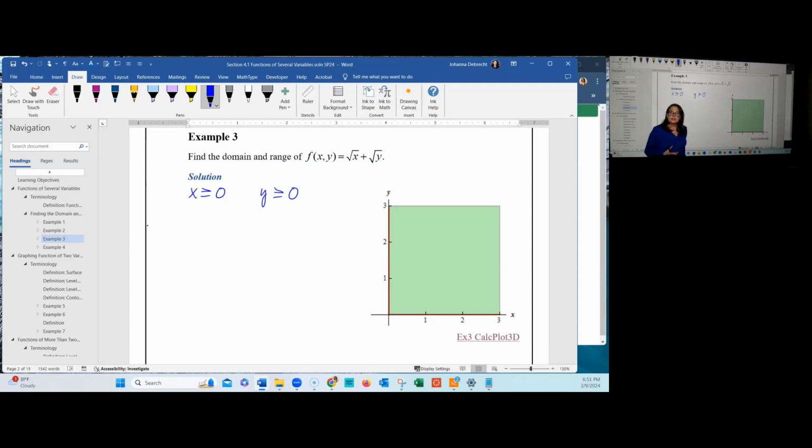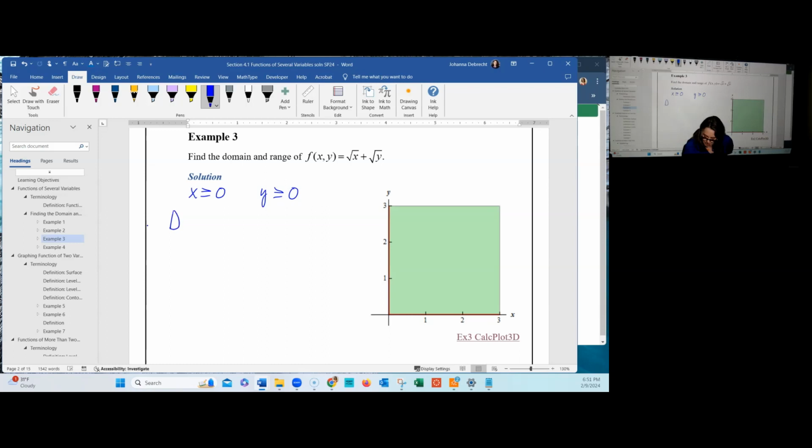That gives us basically quadrant 1, the positive x-axis, the positive y-axis, and the origin. That gives us all the points that are outlined here in the red and the green space, with the green space continuing for all of quadrant 1. How are we going to write the domain for this one?